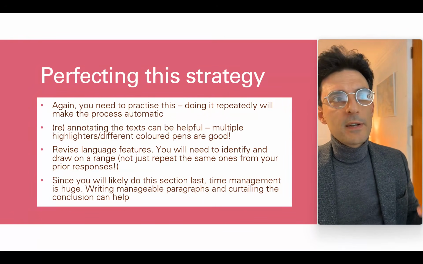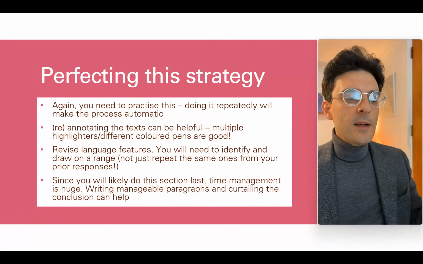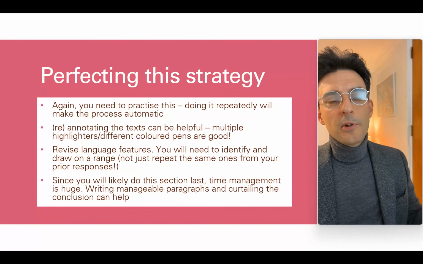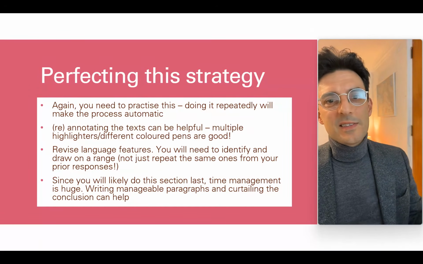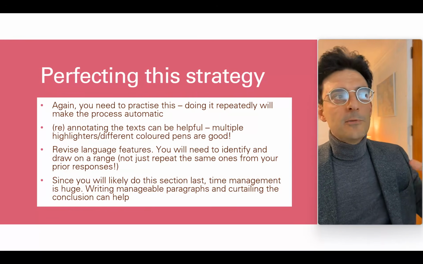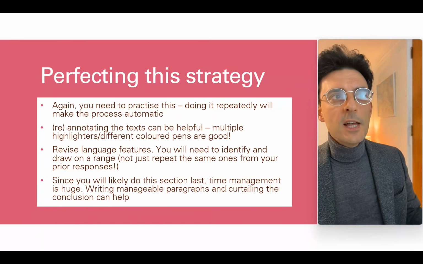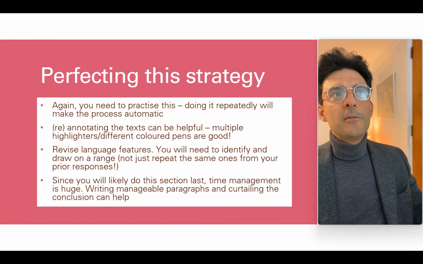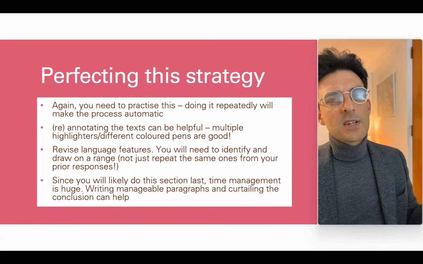Now, re-annotating the text can be helpful if you have time. Like I said, having a different colored pen or highlighter can be helpful, because what I'm going to suggest in the third bullet point down is that when you're looking at language features and analyzing the text, you're not doubling up on things that you've really labored in your previous responses for text A and text B. If you're repeating content, drawing on the same language features, making the same sort of discussion points, that's going to feel repetitive to the marker.